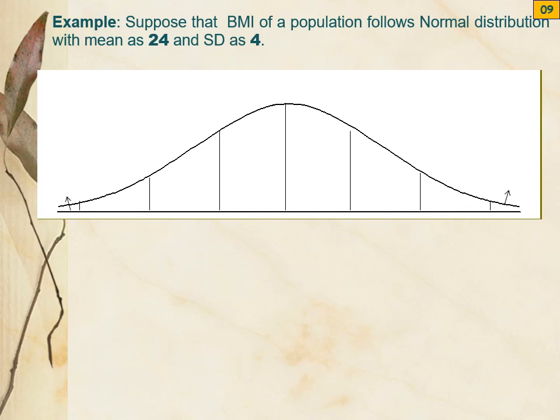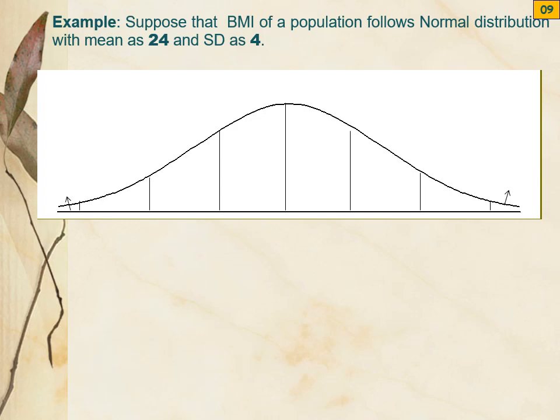We will see how we can make use of these properties to obtain the required probabilities or required areas when the value falls on a sigma distance.